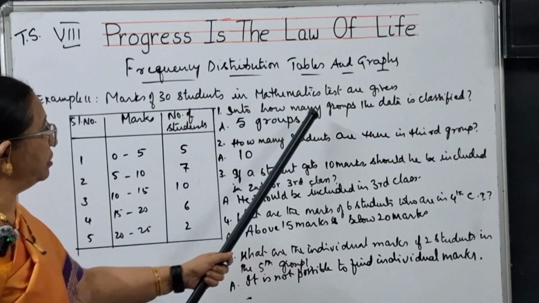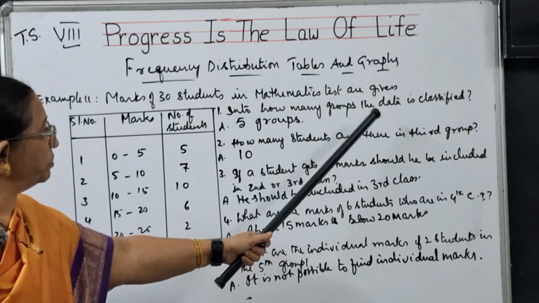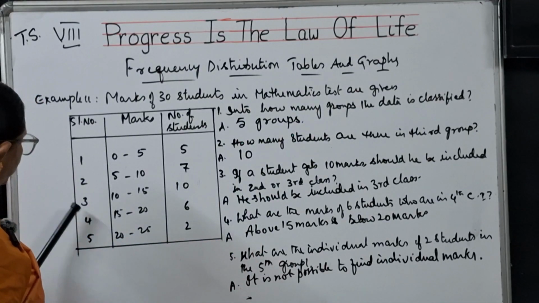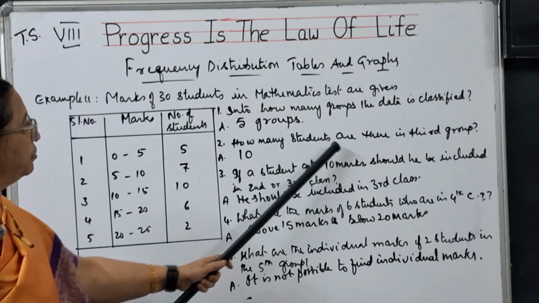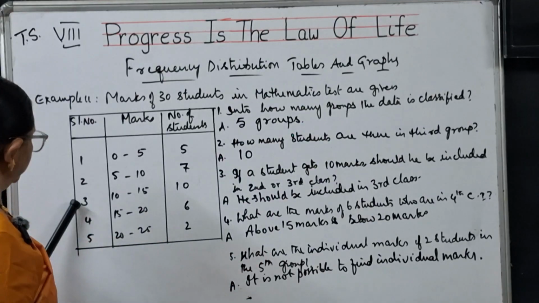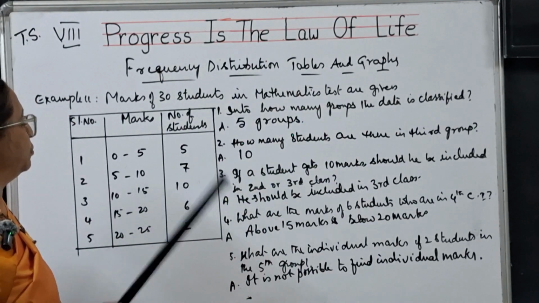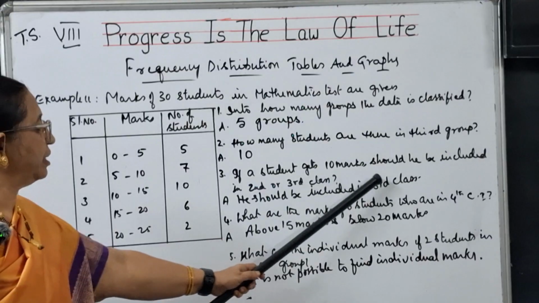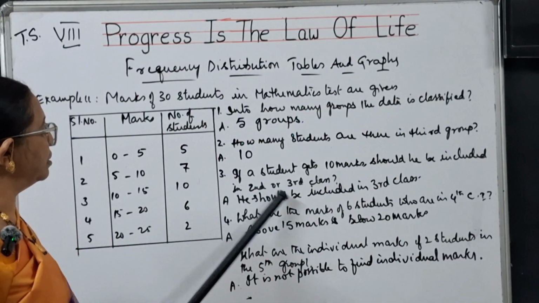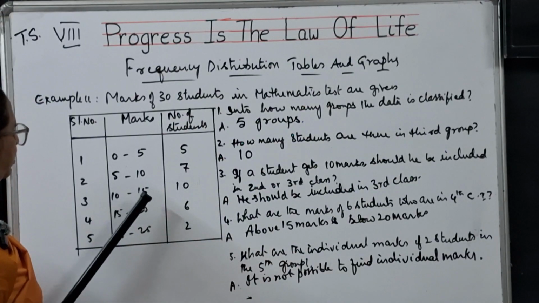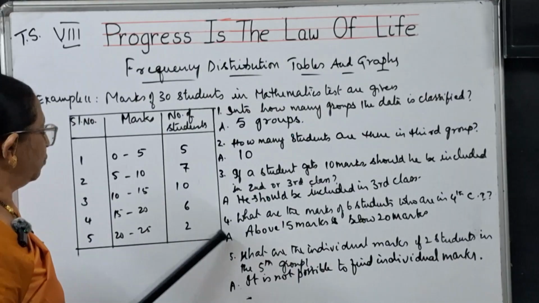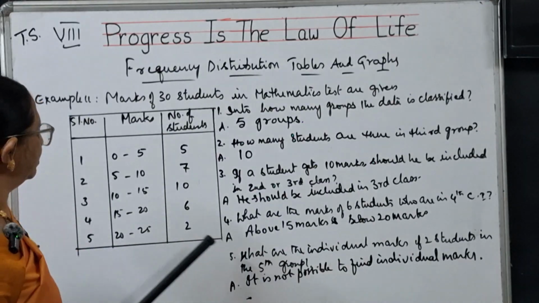So the first one, into how many groups is the data classified? 1, 2, 3, 4, 5 groups. How many students are there in the third group? This is the third group. 10 students are there. If a student gets 10 marks, should he be included in the second or third class? I have already explained, he should be in the third class. What are the marks obtained by the 6 students in the fourth group?